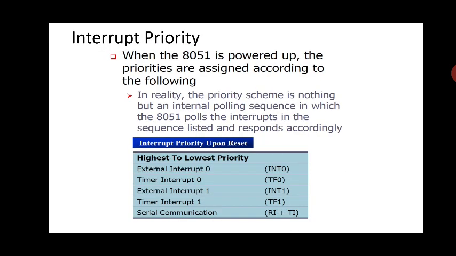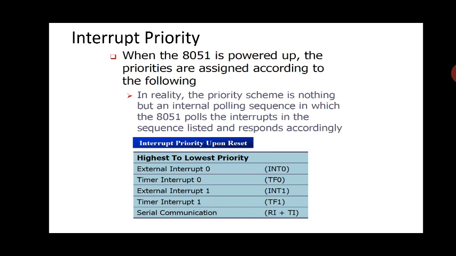Now this is about the priority, as we discussed in the previous class and today's class, in which there are so many interrupts we have seen: INT0, INT1, the interrupts from the timers, TF0 and TF1, and the interrupt from the serial communication, either RI or TI operation.